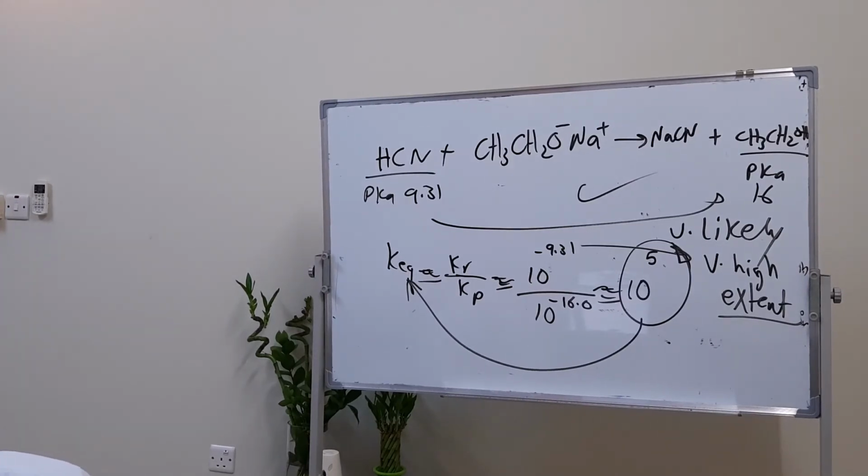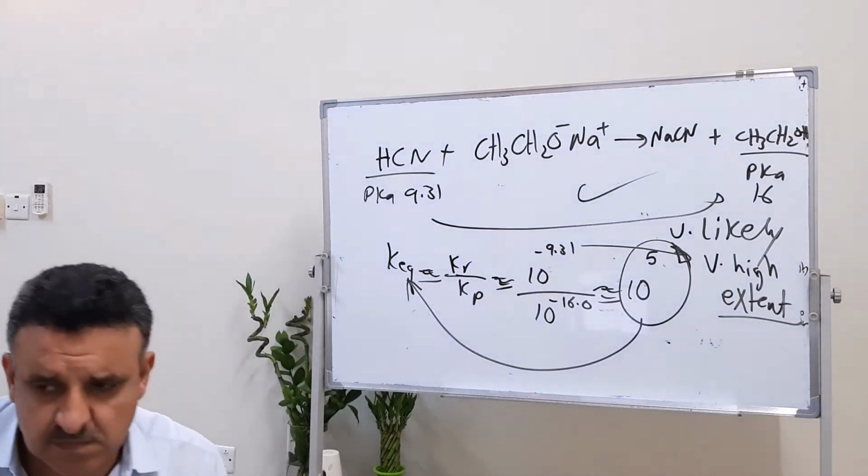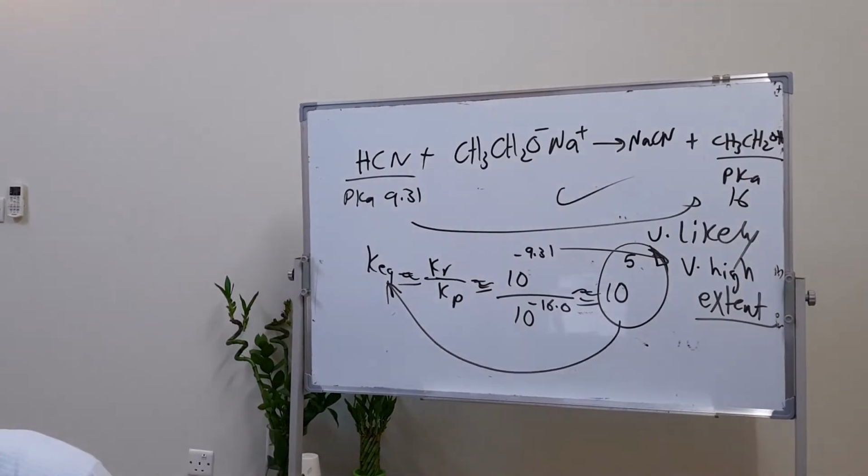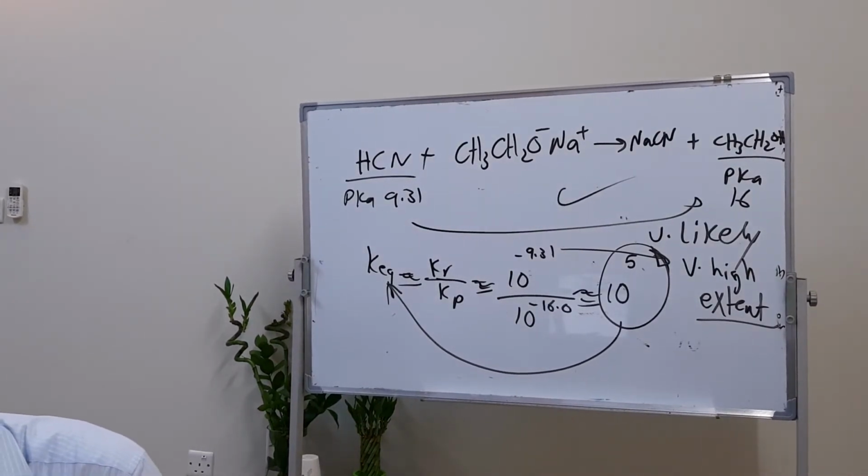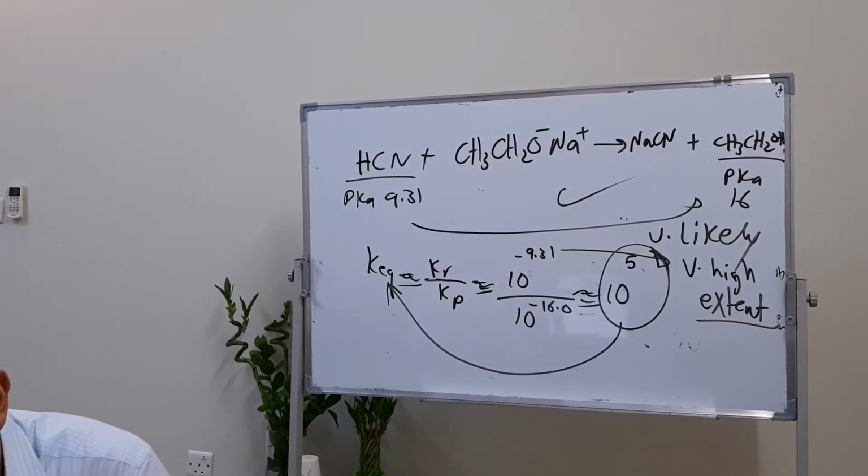What's this? 342. Wrong equation. CH3CO2. Shayma, what's your question? I didn't get your question, Shayma.